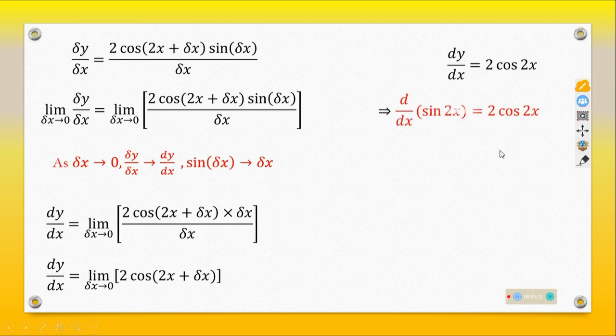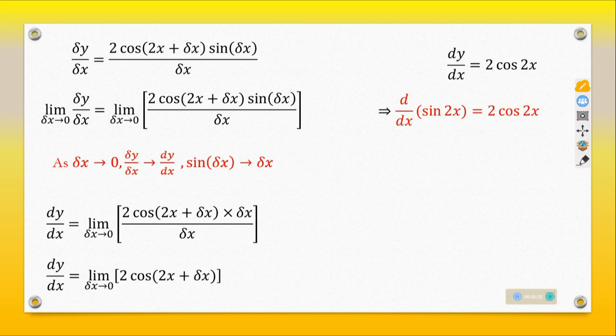In other words, when you differentiate sine 2x, you get 2 cos of 2x. So clearly, differentiating sine 2x, you get 2 cos of 2x.